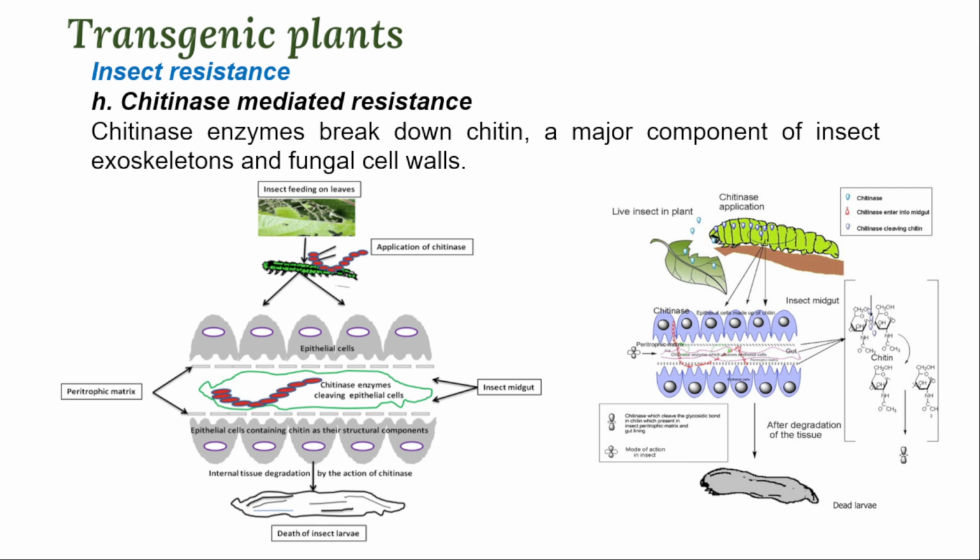Chitinase enzyme degrades the chitin component of the insects. So these insects, because of internal gut leakage, will die because of the consumption of chitinase inside the gut.